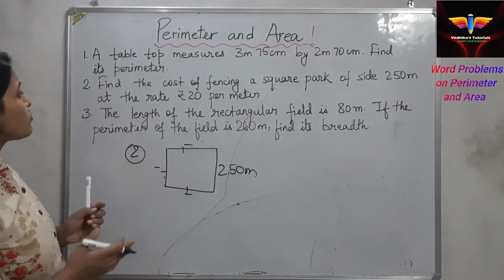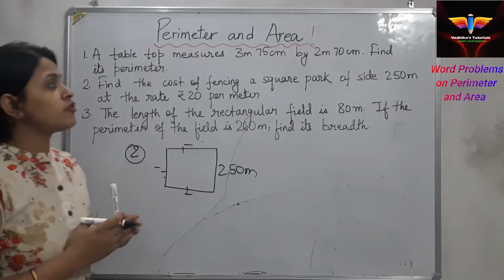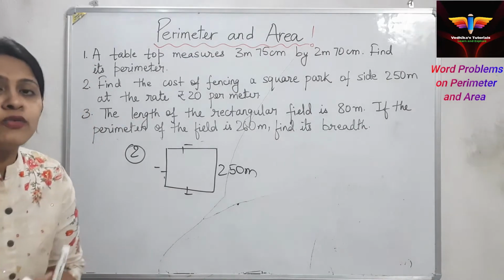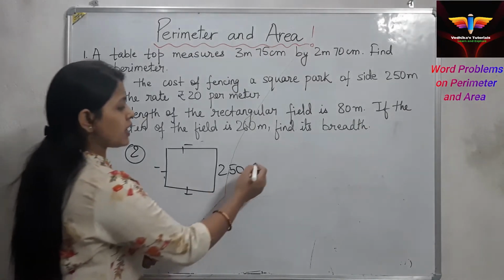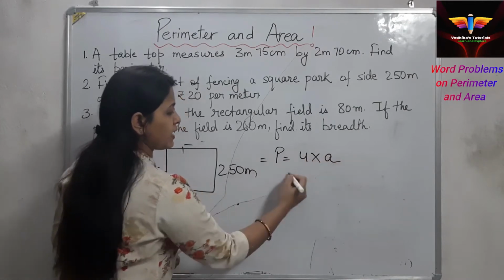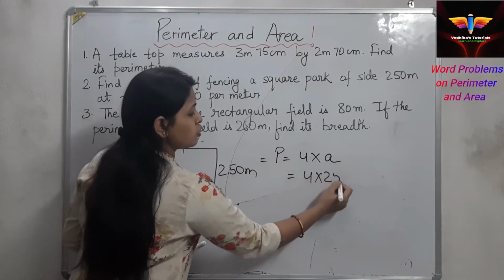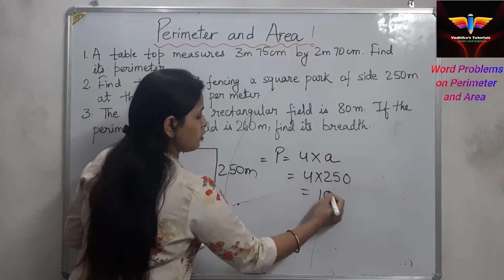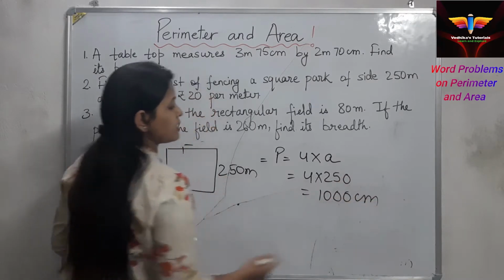Before finding the cost of fencing, we need to find the perimeter of the square, and the perimeter of the square is 4 into a. So 4 into 250, which is equal to 1000 meter.